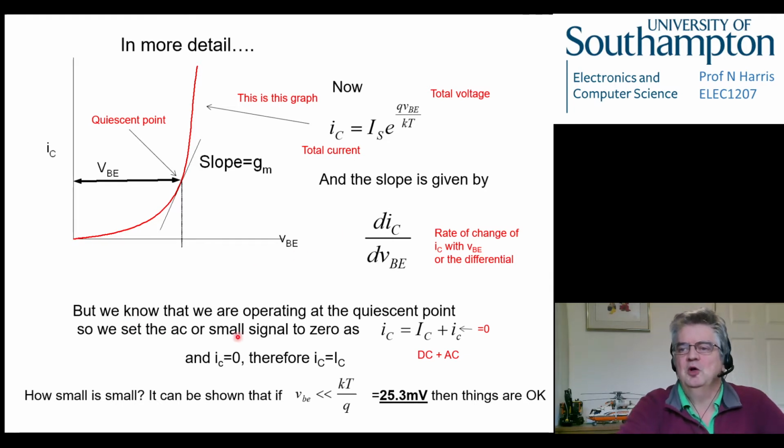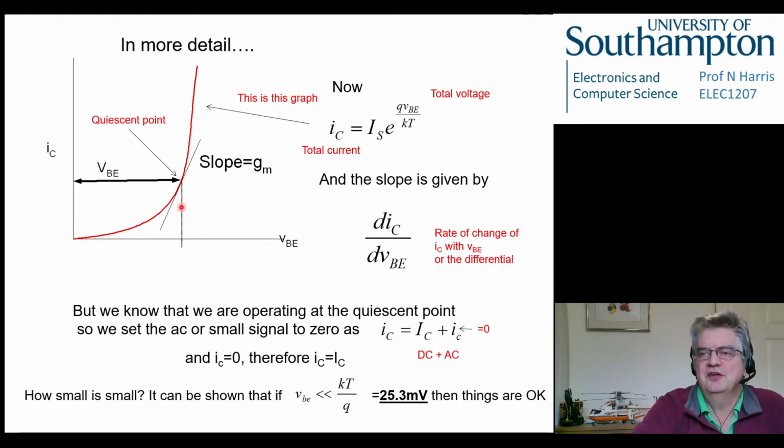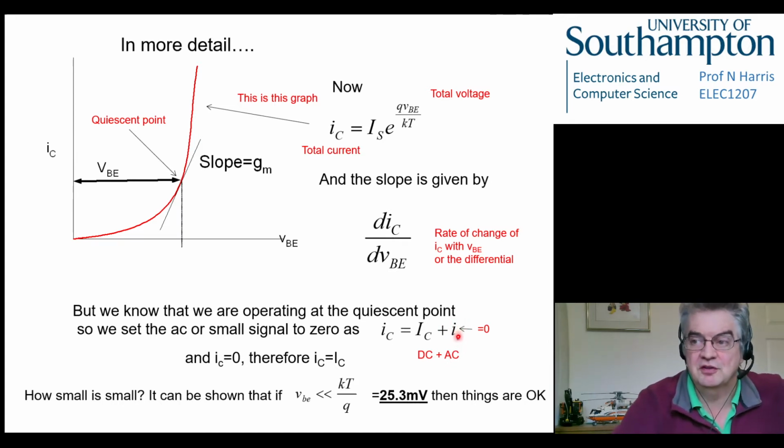But we know that we are operating at this quiescent point. We're fixing it, operating at this one point here, whatever that might be. And so we can say under those conditions, the AC, or the small signal part, which is the same thing, is set to 0 because we're not moving. We're fixed at that point, so we're not wobbling up and down. We can say that the total current, which was the sum of the DC solution and the AC solution, we're saying the AC solution at the moment is 0 because we've set it to 0 arbitrarily.